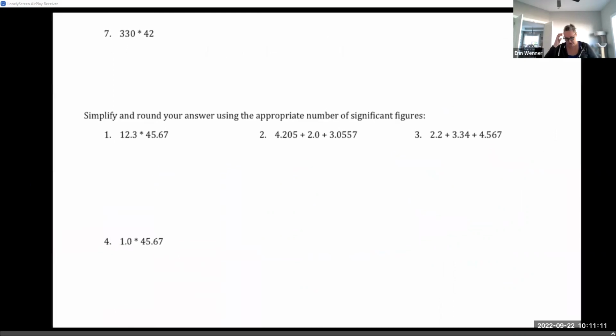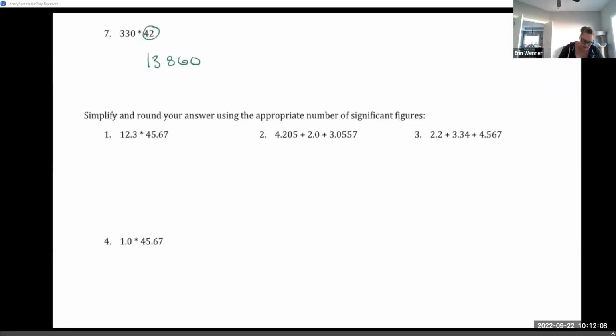So go ahead and try number 7. Again, make sure you round to the number of appropriate significant digits. Okay, so if we multiply 330 times 42, we get 13,860.